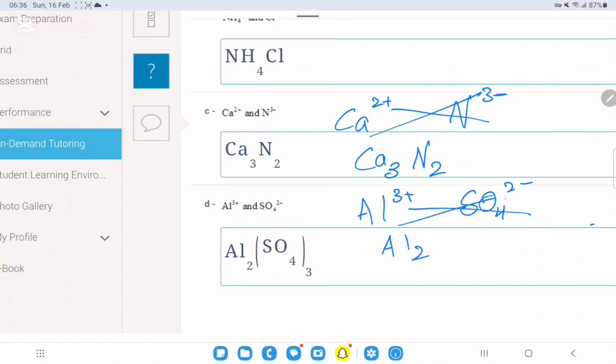Al2, the charge of the sulfate ion goes to the Al, becomes a subscript, and SO4, don't forget the brackets because there is already a number and you want the 3 for the whole sulfate thing, so Al2(SO4)3, don't forget the bracket.